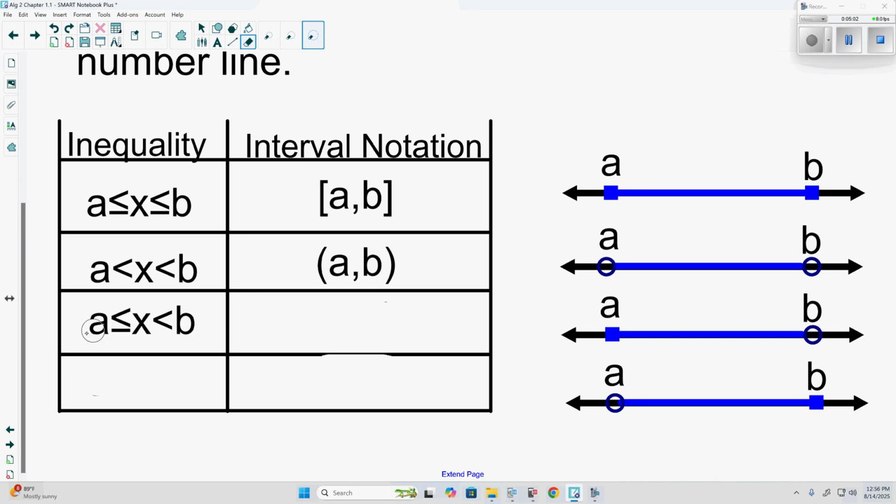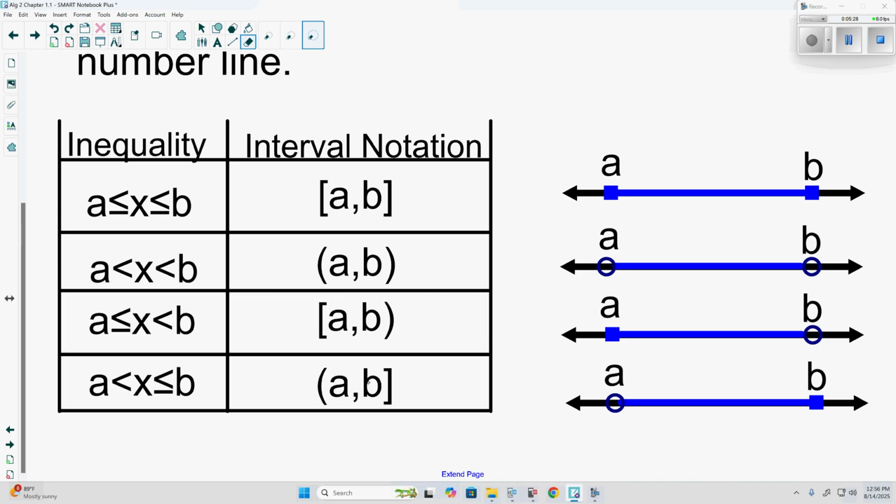Last two are similar. The first one, we're saying that point A is included and B is not. And in the last one, we're saying that B is included and A is not. So we can either have a line segment, a bounded interval where both endpoints are closed, both are open, or one is closed and one is open.